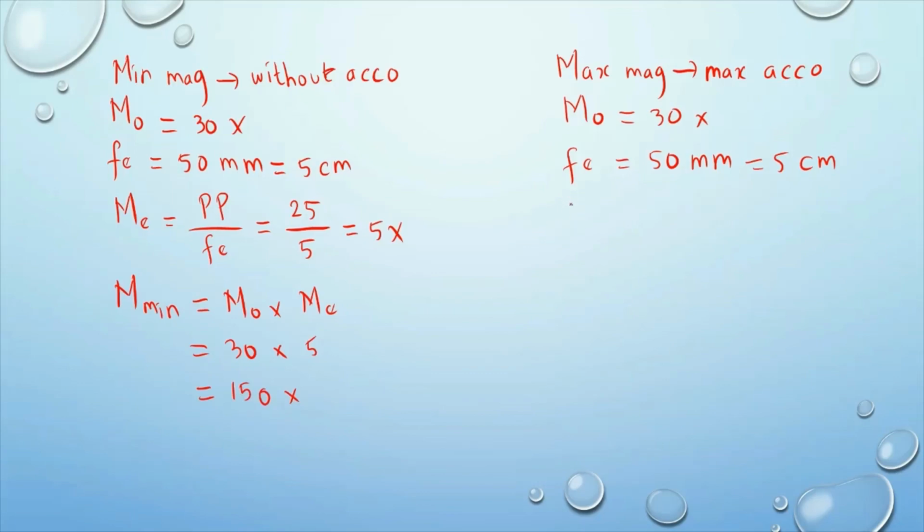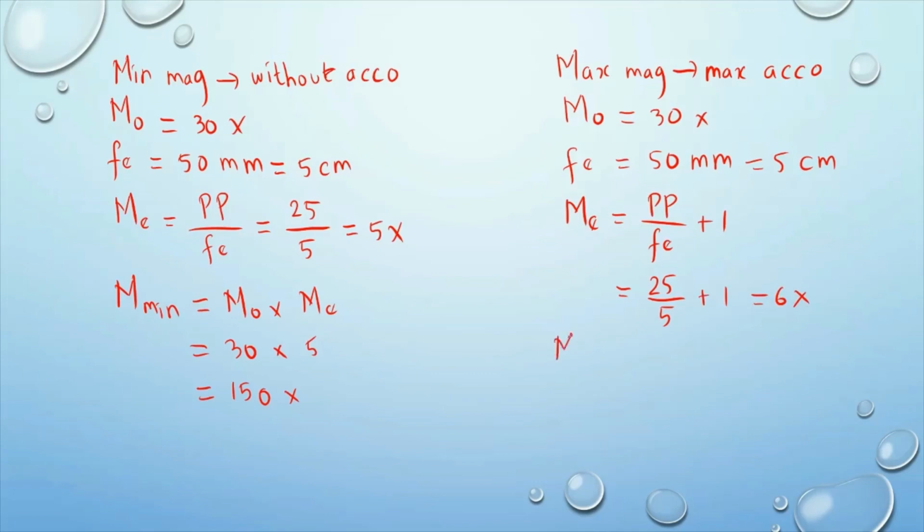Maximum magnification is the magnification for the condition of maximum accommodation. So the correct equation for the M_E is P_P over F_E plus 1. P_P is 25 centimeter over F_E 5 centimeter, plus 1. This equals 6 times.